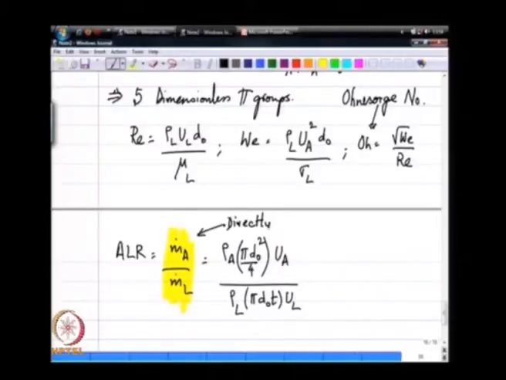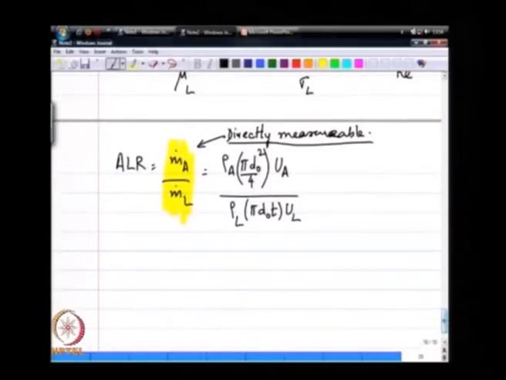Anytime you do a test, you have mass flow rate measurements, and therefore, it is much easier to relate them directly through the air to liquid ratio.